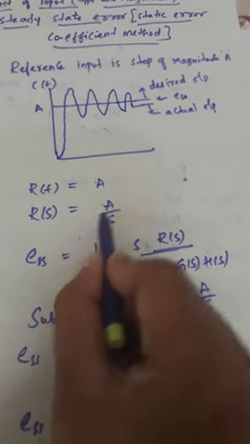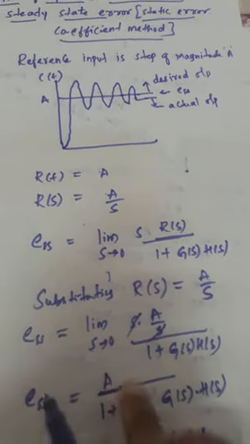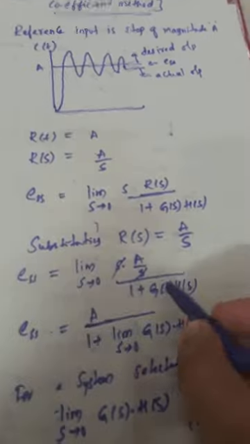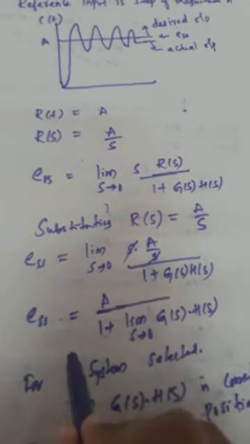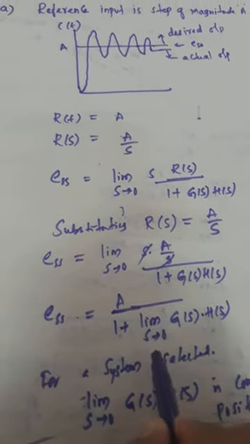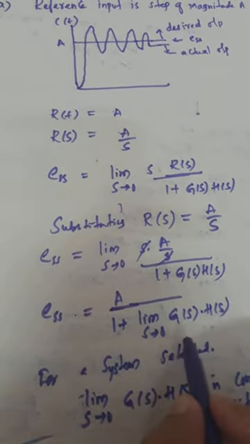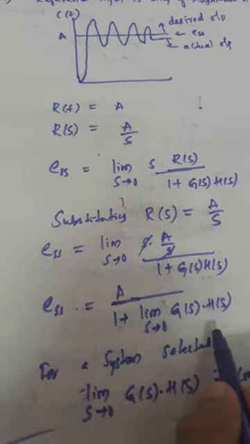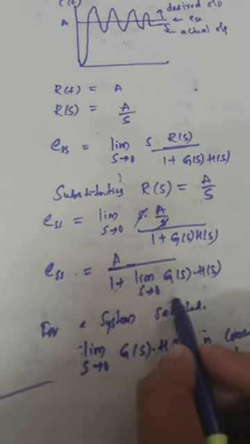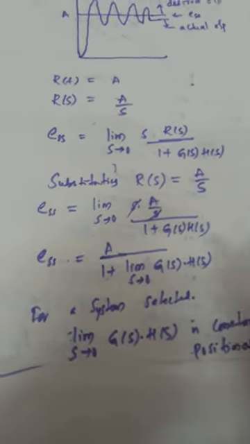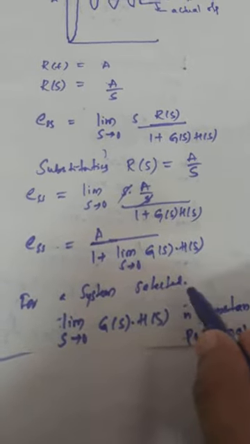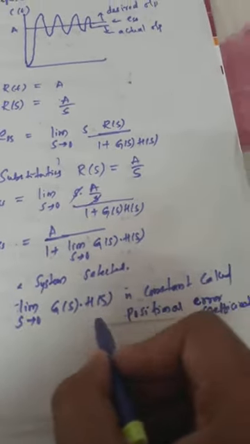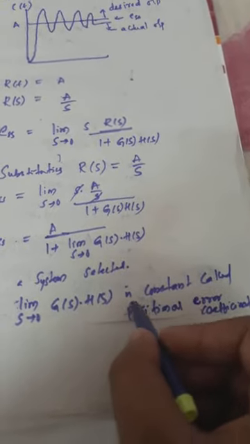So substituting R of S equal to A by S in this equation, the S and S cancel. So ESS is equal to A divided by 1 plus limit S tends to 0 of G of S into H of S. We replace limit S tends to 0 of G of S into H of S by a constant, which is referred to as the positional error coefficient.